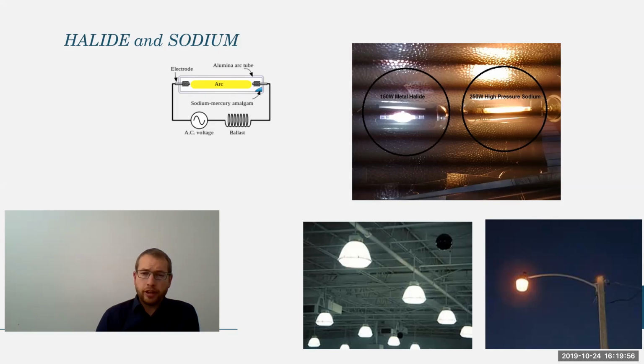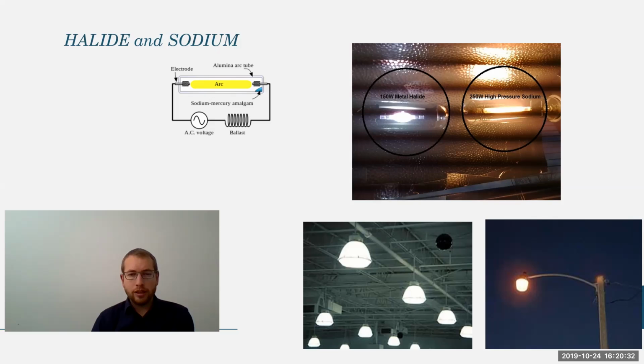Once again, relying on kind of this physics of phosphorescence, whereas halide lights are much brighter. These things can take a while to warm up. They can also take a while to shut off. There's not really dimming. So these are your stadium lights, and halide are much more widely used than the sodium. It's a brighter, more pure light.